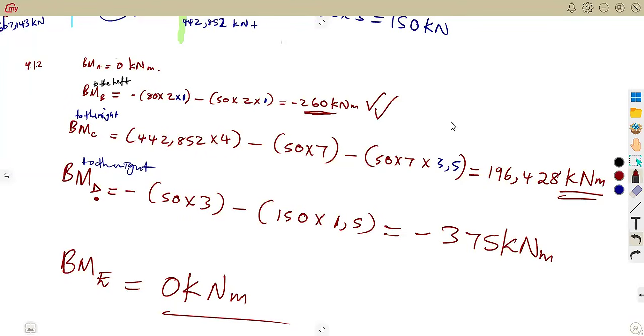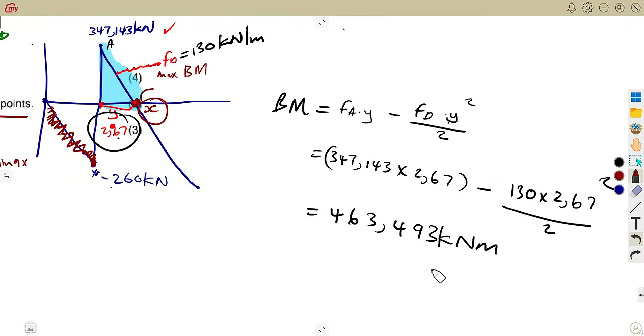It's already covered. We have to add that one to it to reach the maximum, because there's already a negative before. There will be a bending moment there, at negative 260 kilonewton meter. So you must combine the two now.